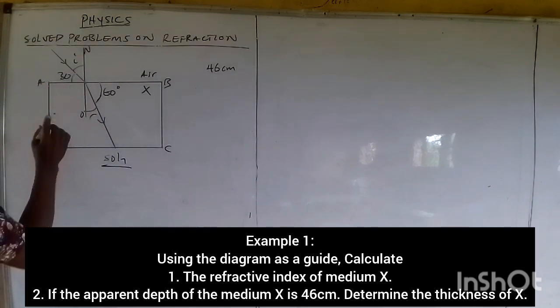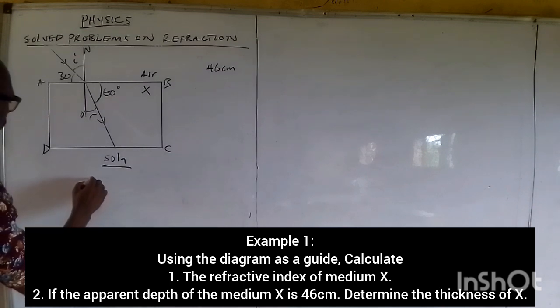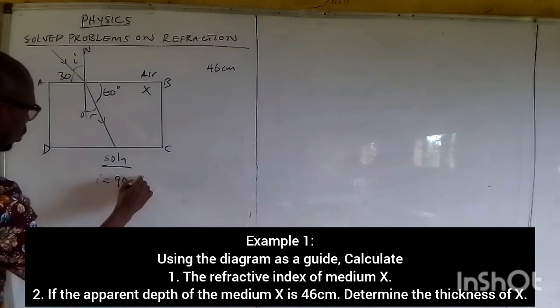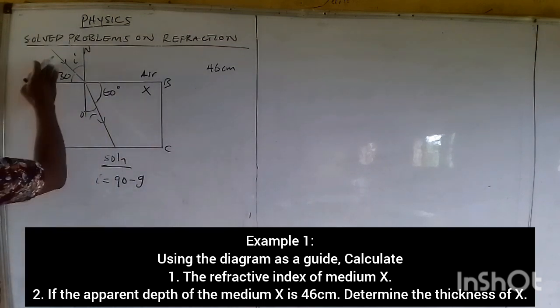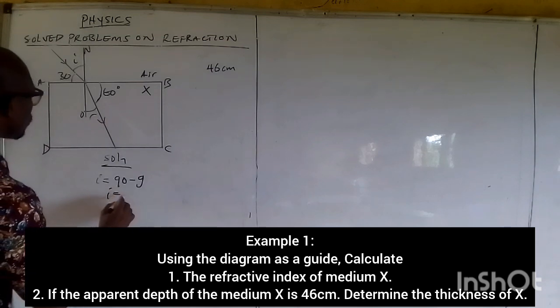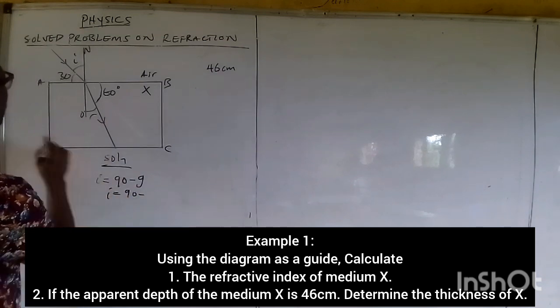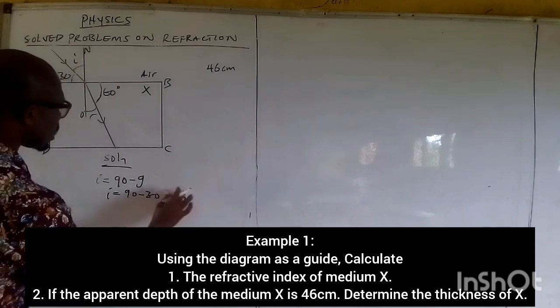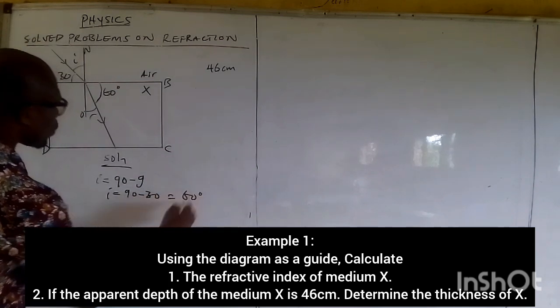Therefore, we can now use our formula. Remember, angle of incidence is equal to 90 degrees minus the glancing angle. This is the glancing angle that is given here. Therefore, I is equal to 90 minus 30. Therefore, the angle of incidence is 60 degrees.